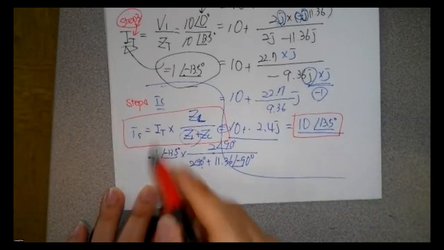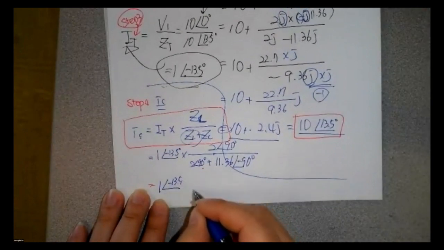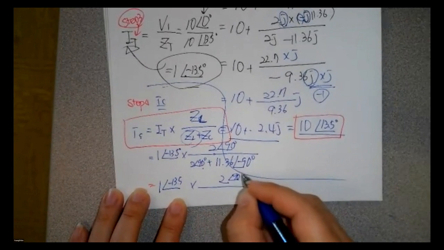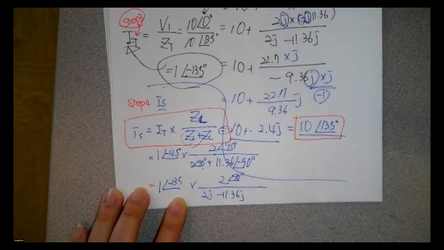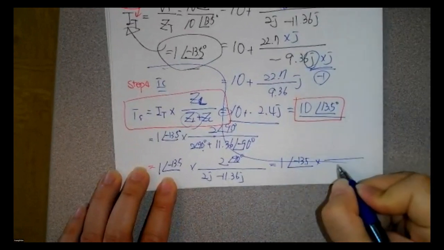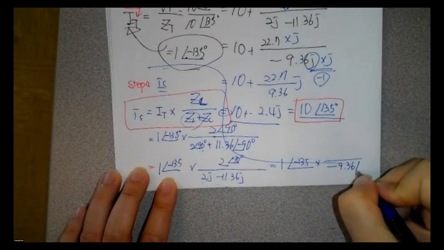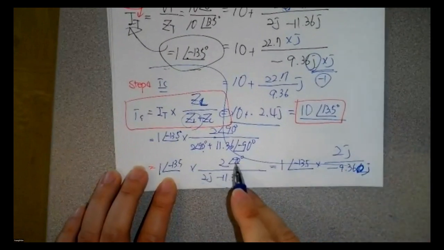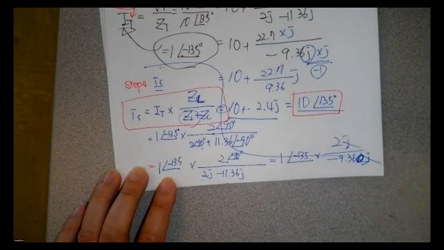So we only calculate minus 13.5 multiply 2∠90, and that is 2j minus 11.36 j, on minus 13.5 multiply minus 9.36 j, and 2j because of the 90 degrees, the j. Okay, so right there.